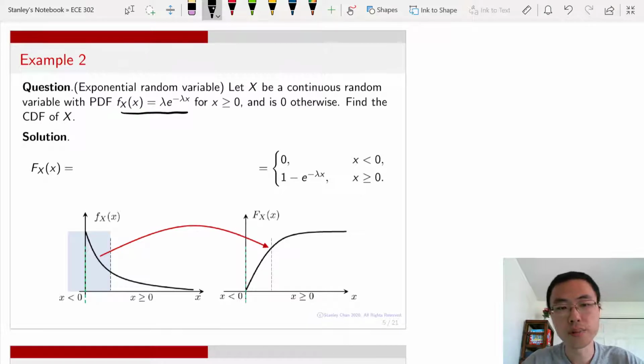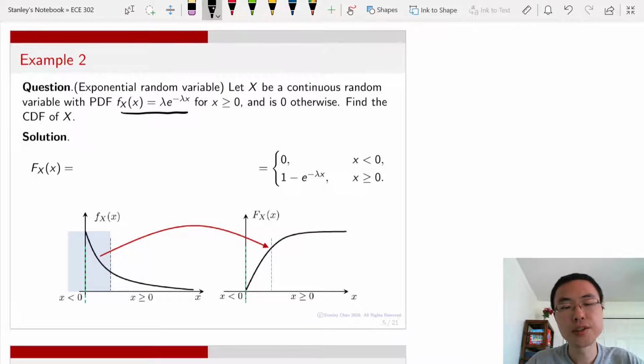Now, of course, we haven't learned about this exponential random variable yet, but we can still use this formula. This exponential random variable has this equation: lambda e to the power minus lambda x for x bigger than 0 and is 0 otherwise. We want to find the CDF.